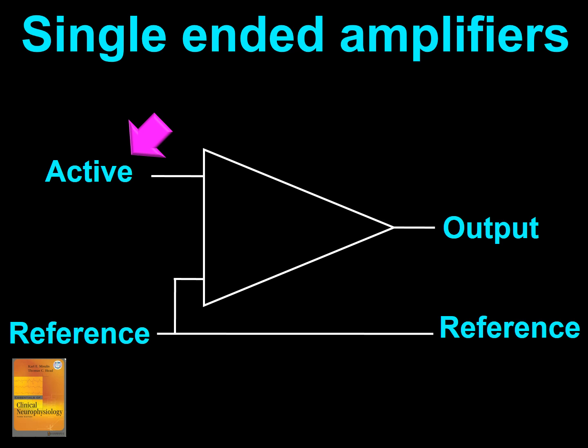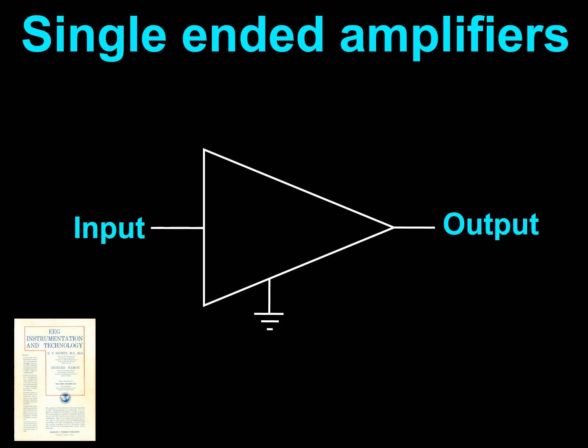One input pin is labeled active, the other is connected to a line labeled reference that also extends forward, as you can see in this frame. In addition, from the tip of the triangle is the output.